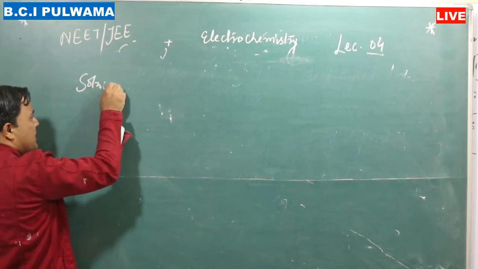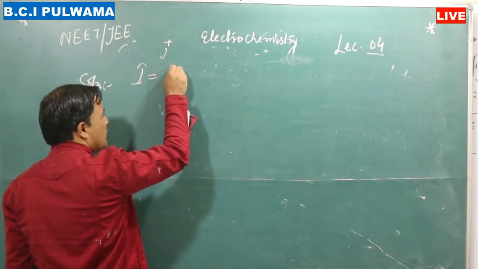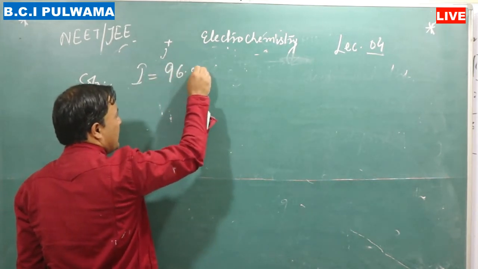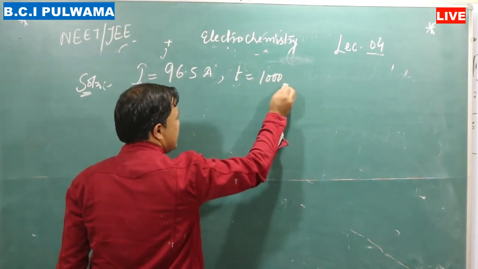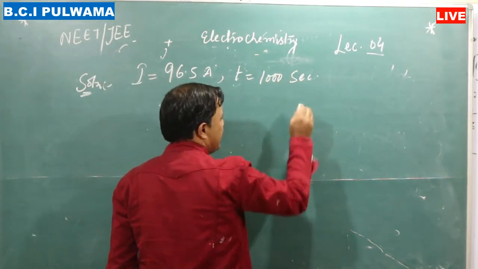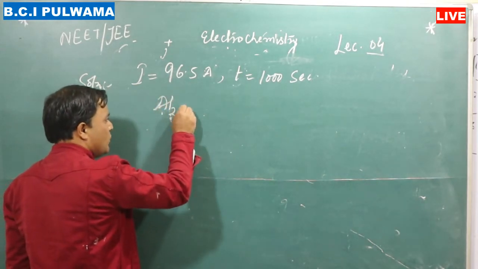If I see the solution, we are given that current is equal to 96.5 amperes and time is equal to 1000 seconds. The electrolyte is aluminum oxide, Al2O3.